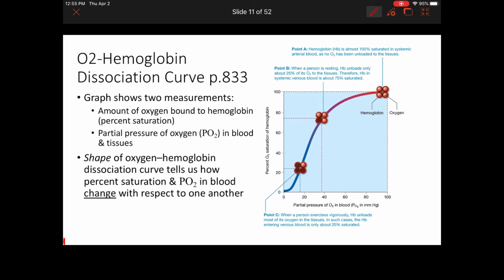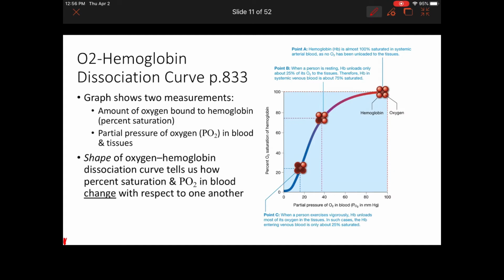Well, in order to understand gas transport through blood, it's also important to understand gas behavior. So what we're going to focus on is the relationship between oxygen and hemoglobin. We know from our previous discussions that the 4 subunits of hemoglobin can accommodate 0, 1, 2, 3, or 4 molecules of oxygen.